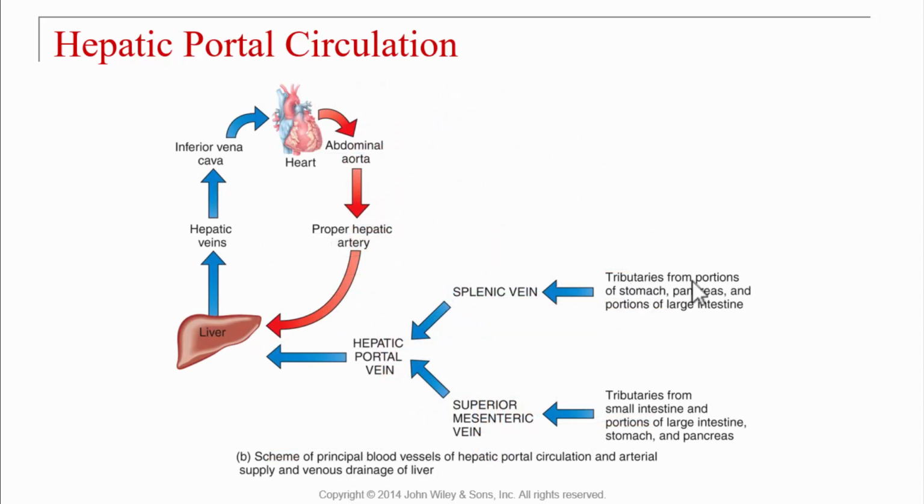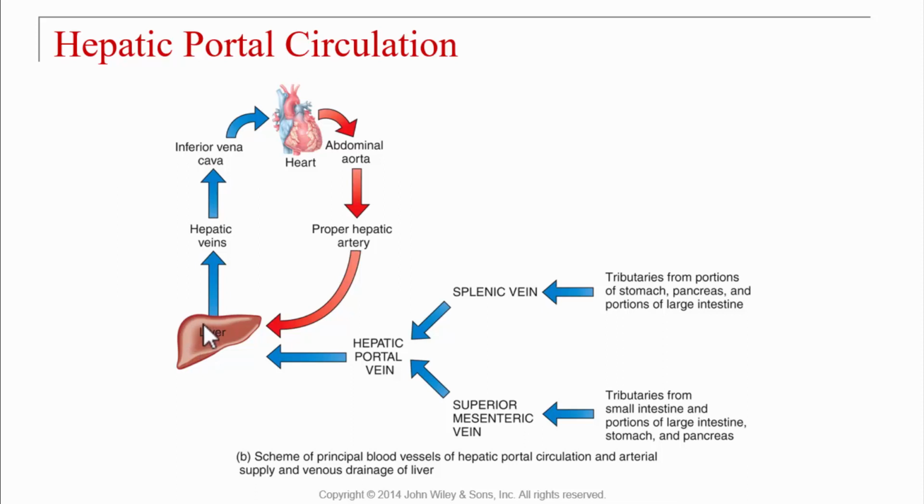Tributaries from portions of the stomach, pancreas, and portions of the large intestine will drain into the splenic vein, and this splenic vein drains into the hepatic portal vein. Now, tributaries from the small intestine and portions of the large intestine, stomach, and pancreas are going to drain into the superior mesenteric vein, and that drains into the hepatic portal vein. And this drains into the liver, again, where things are processed.